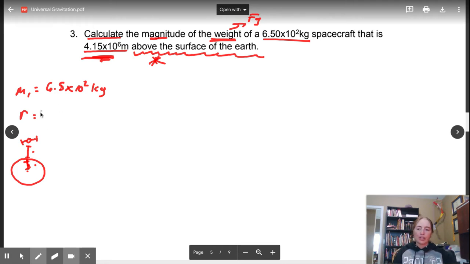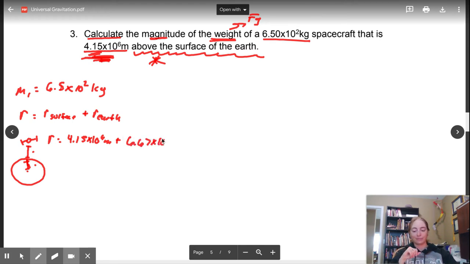So the radius to the surface of the Earth plus the distance from the surface up, add the two together to get your R. You're going to take this value and add that to the radius of Earth from your data sheet, which is going to give you a radius of 1.052 times 10 to the power of 7 meters.